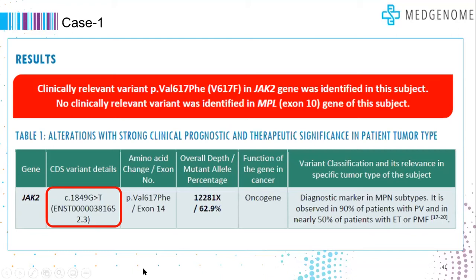There is a standard genome assembly available for every single RNA transcript that is identified in humans. So this mutation is a G to T mutation in the 1849th position of the cDNA. And the transcript ID is this long ID. Mostly we represent using the canonical transcript, which is the longest transcript that is there.